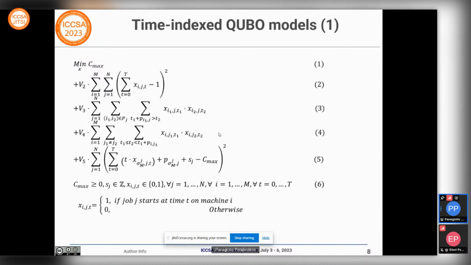So at the end, we have a quadratic problem with no constraints, and the idea is still to minimize the Cmax plus those constraints.